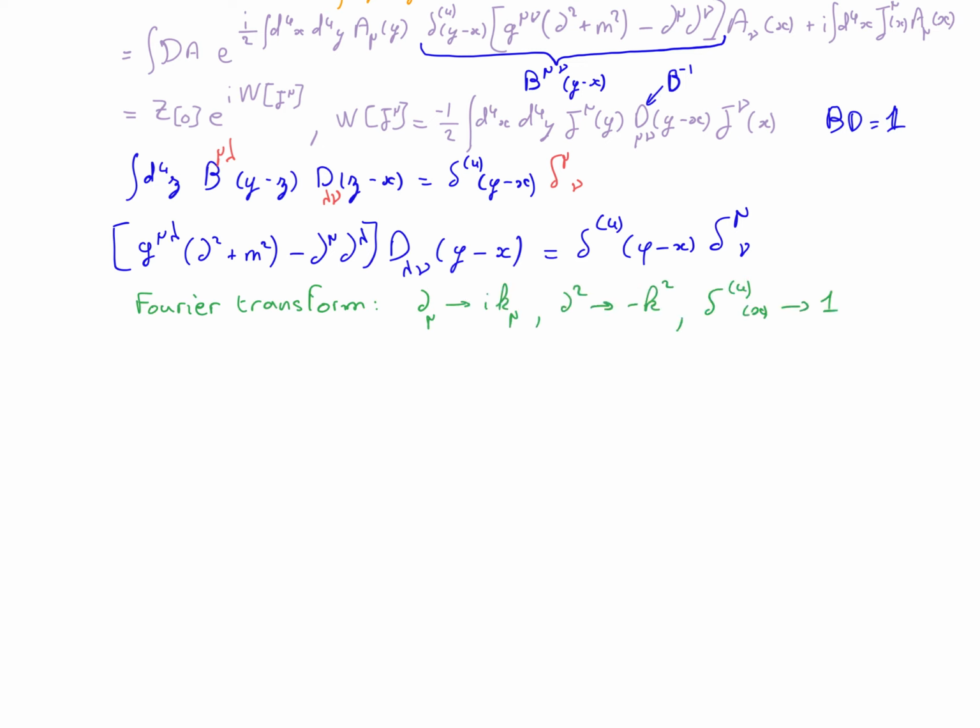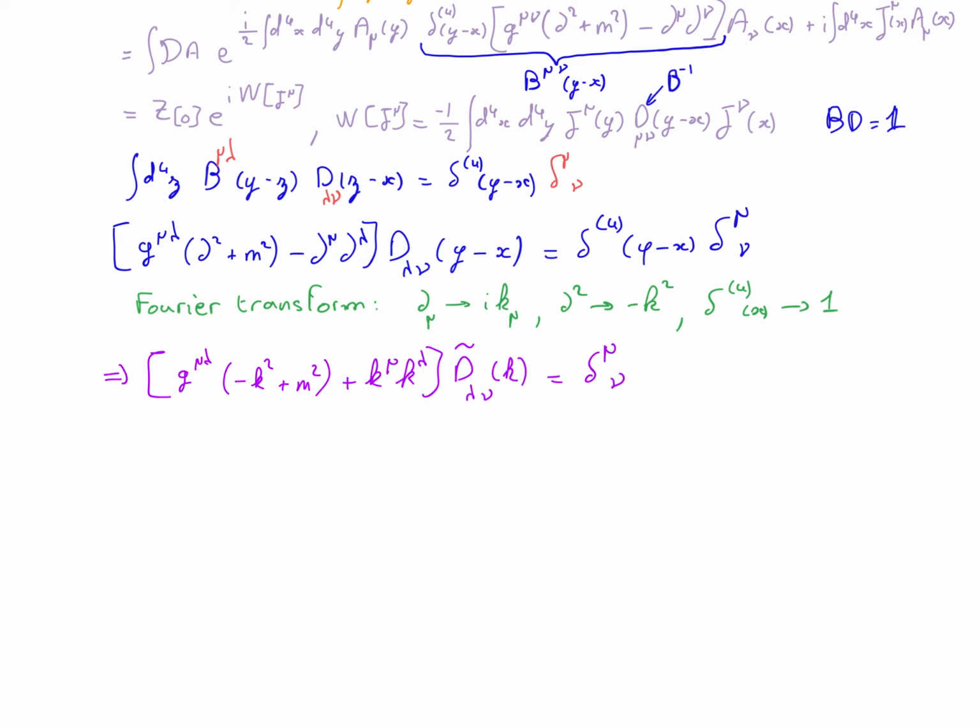We already did some calculations with Fourier transforms in some detail, and we can do a quick Fourier transform simply by replacing derivatives by i times the momentum, del squared by minus k squared, and the Fourier transform of the delta function is just 1.